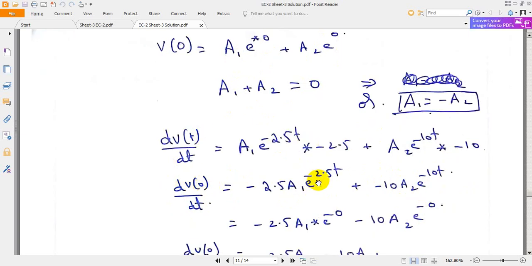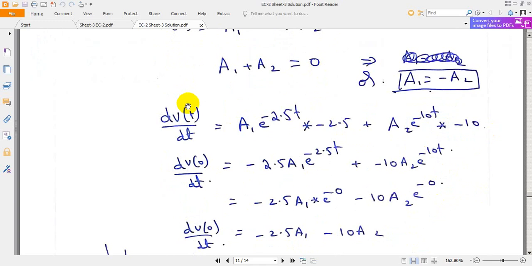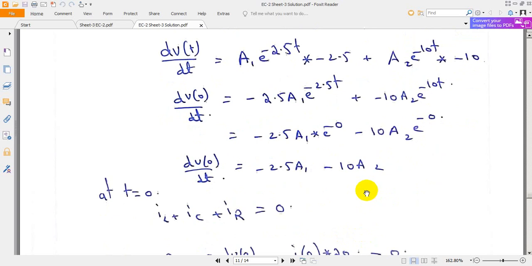Then e power 0 will become 1. So you will get dV naught by dt is equal to minus 2.5 A1 minus 10 A2.